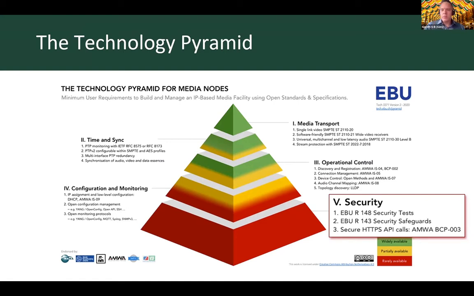The EBU Media Cybersecurity Group published some solid recommendations, and they list the AMWA BCP-003 as the applicable open specification. BCP-003 is actually a three-part specification. Each part leverages existing open IT standards and describes how we should be using them in our industry.